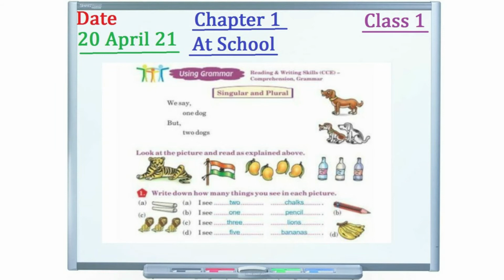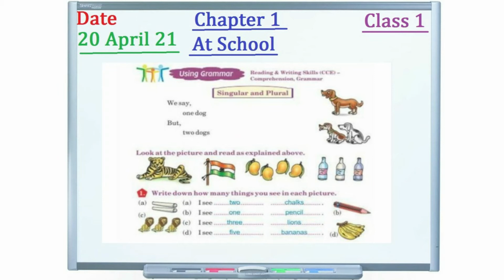Students, after that complete singular and plural work that is given in page number 13. See the picture that is given on page number 13. We say according to picture one dog.